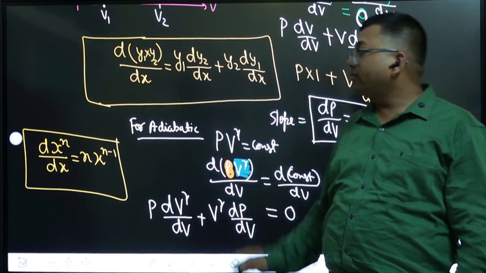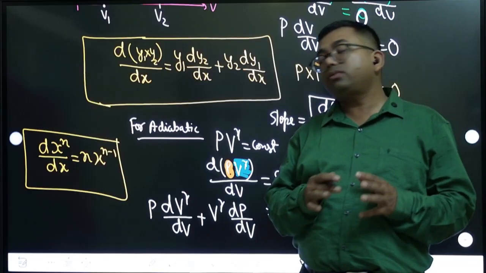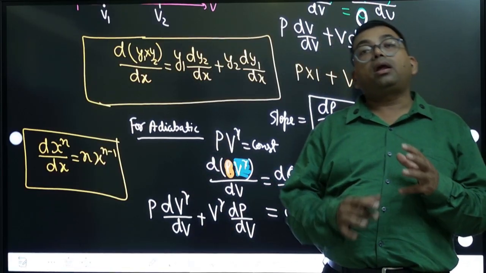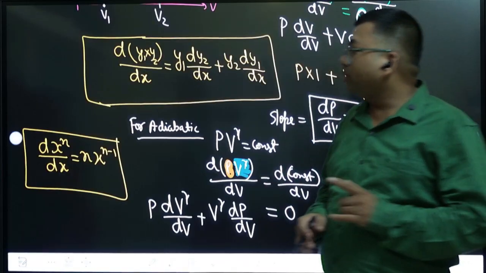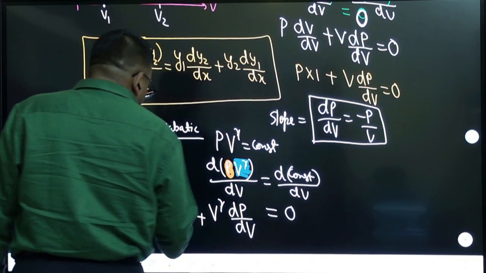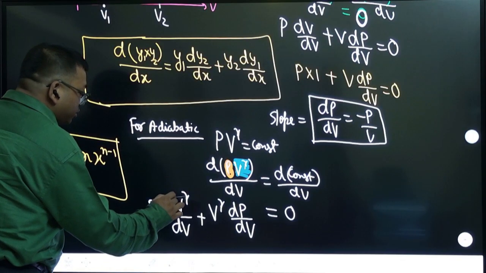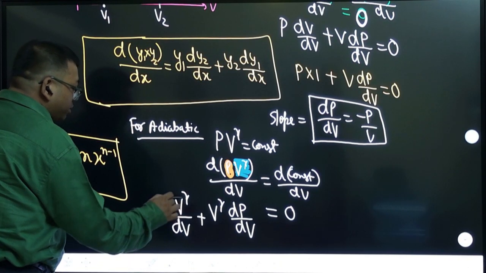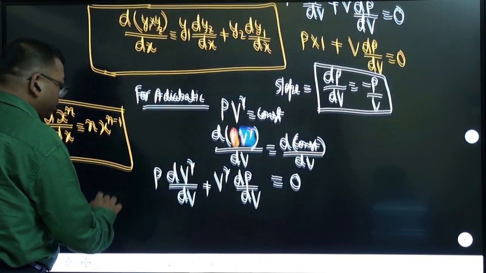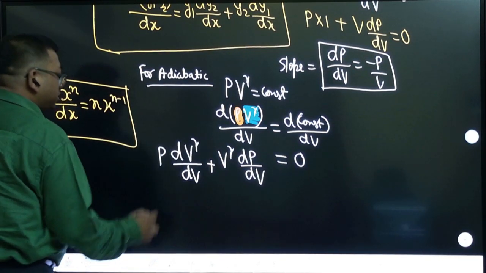So we are taking the differentiation of volume with power gamma, so we will use that formula here. Let us use it.